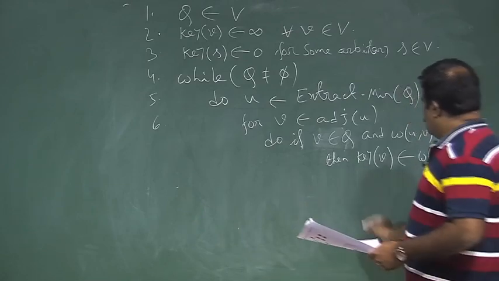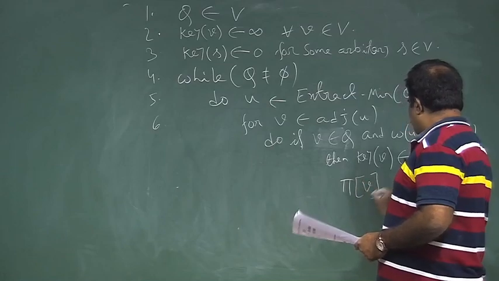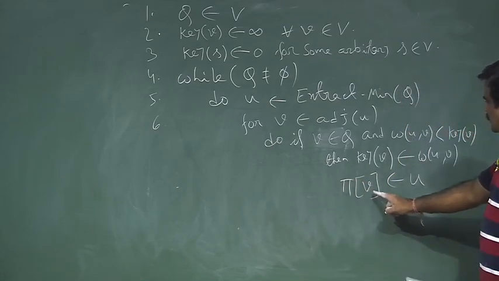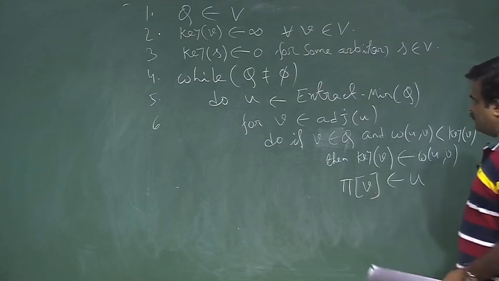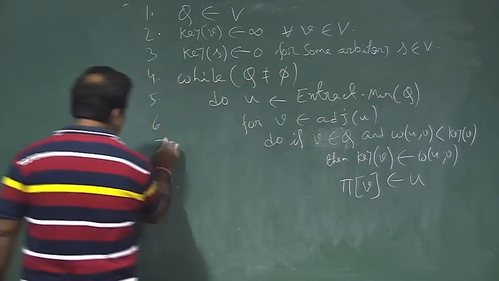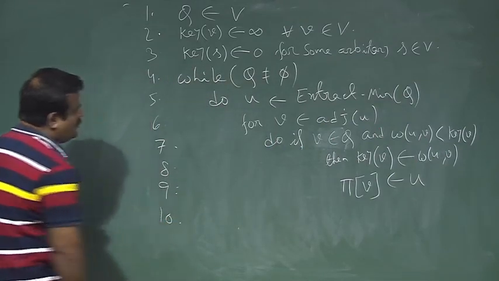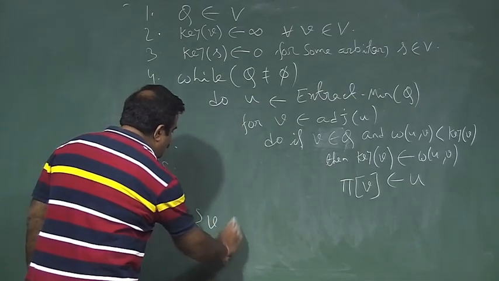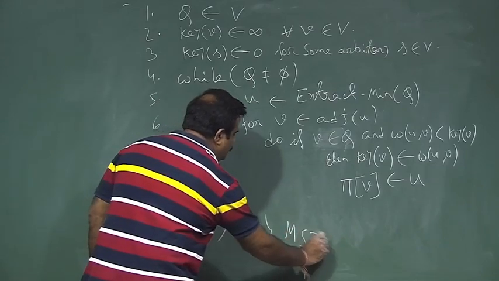And we make u responsible for the key change of v, so this is sort of a responsibility vector, pi. So, this is lines 6, 7, 8, 9, and finally, in line 10 at the end this (v, pi v) will give us the MST.